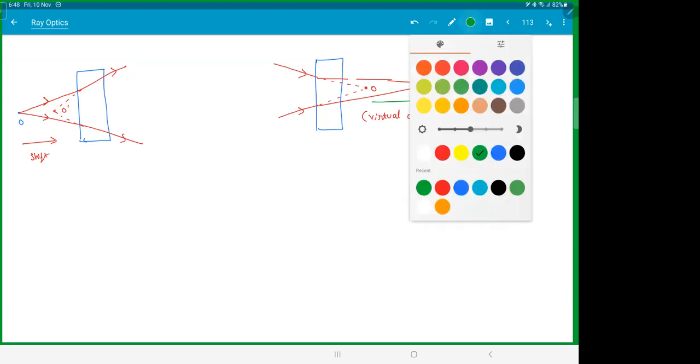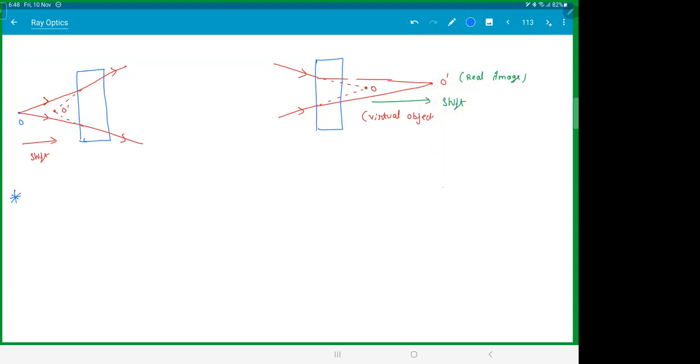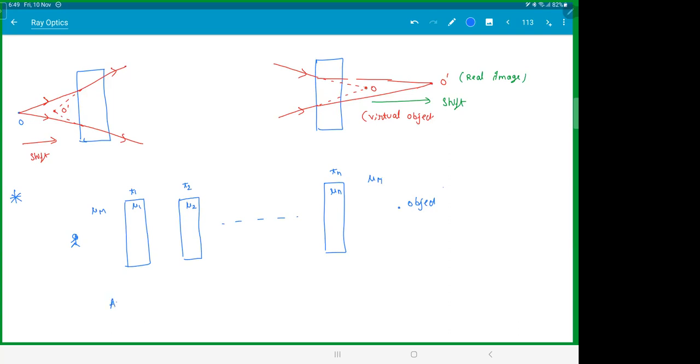Now, same thing you can extend for multiple slabs. The best thing about this formula, I don't care what the distance between them, because you want shift, isn't it?